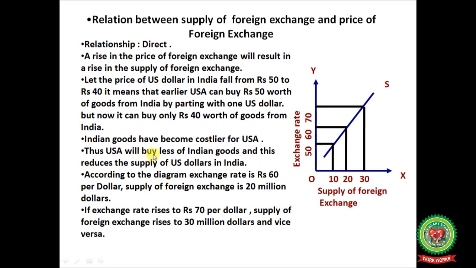Thus USA will buy less of Indian goods and this reduces the supply of US dollars in India. According to the diagram, exchange rate is rupees 60 per dollar and supply of foreign exchange is $20 million. If exchange rate rises to 70 per dollar, supply of foreign exchange rises to $30 million and vice versa.